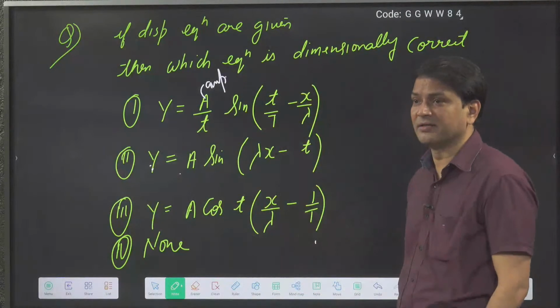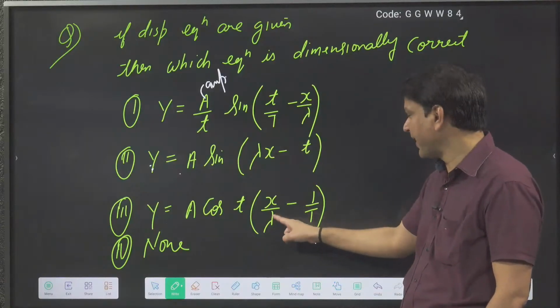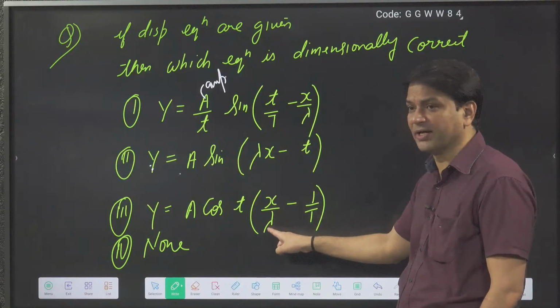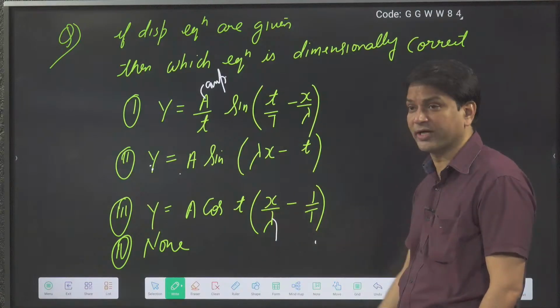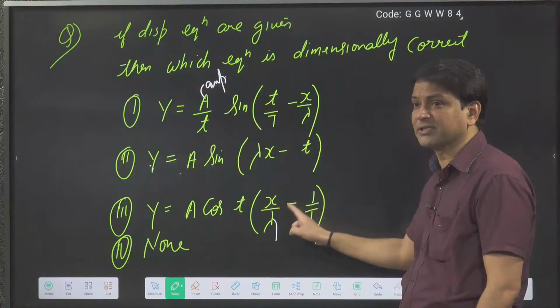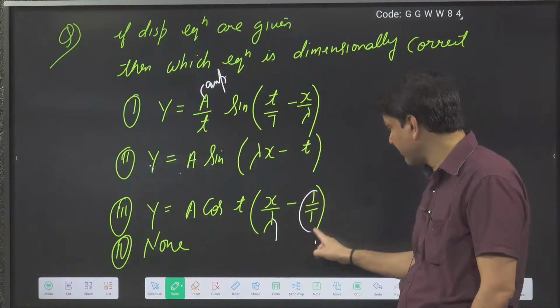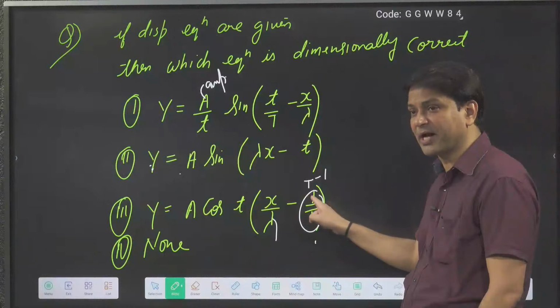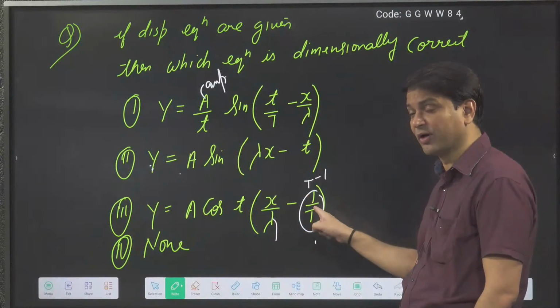Now come inside. Here x by lambda, L upon L, dimensionless. That is okay. But 1 upon t, I am subtracting with 1 upon t. What is the dimension of this? T minus 1. So dimensionless minus 1 by t. Is it meaningful?